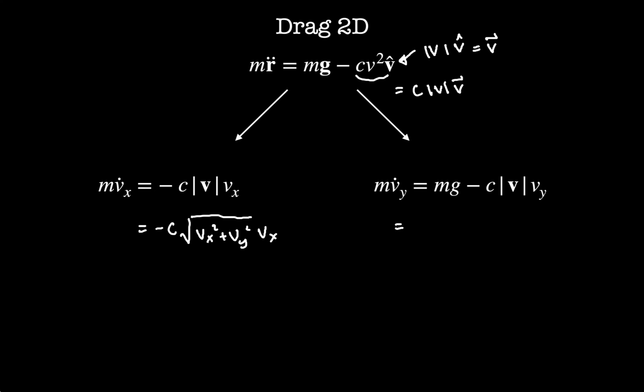So this is going to be equal to mg minus c times, again, the magnitude of v, so the square root of vx squared plus vy squared, times vy. And so this is a nasty equation. This is a set of equations for vx and vy, so two equations, but they both depend nonlinearly on vx and vy. And so this is going to call on us to need to solve these equations numerically. And we will talk a little bit about that next week.